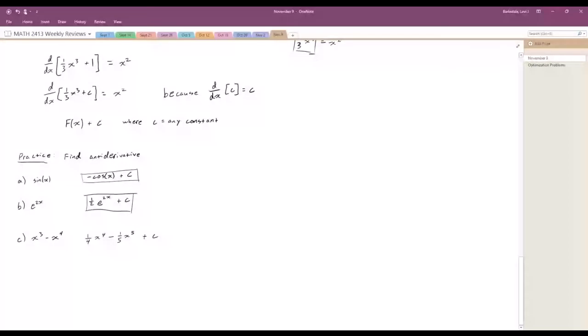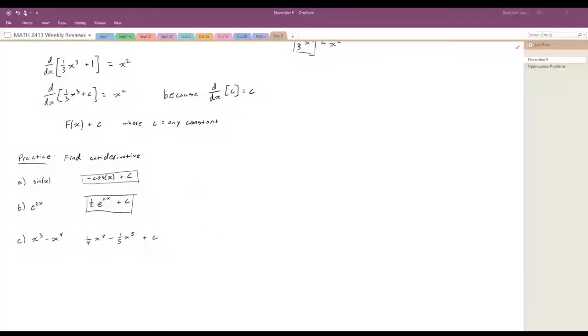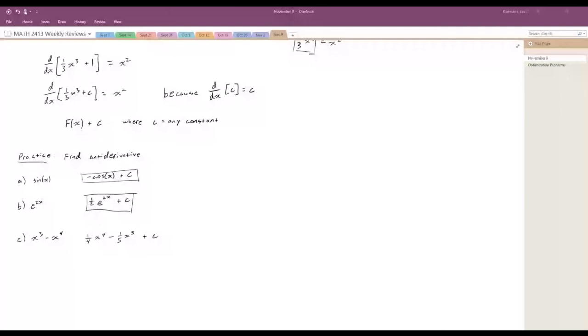Now, there are a couple of tricks. I'll just start out with one of the most basic ones for finding antiderivatives. And that is if you're finding the antiderivative of something that looks like x to the n, where n is not equal to -1, then your antiderivative is going to be 1 over n plus 1 times x to the n plus 1 plus any constant.